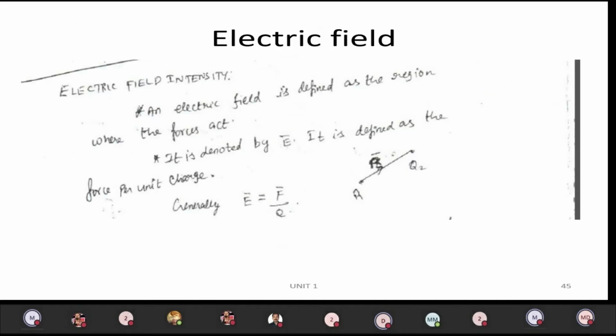Then the electric field. What is the electric field? Force per unit charge is nothing but the electric field, and it is also defined as a region where the forces will act.